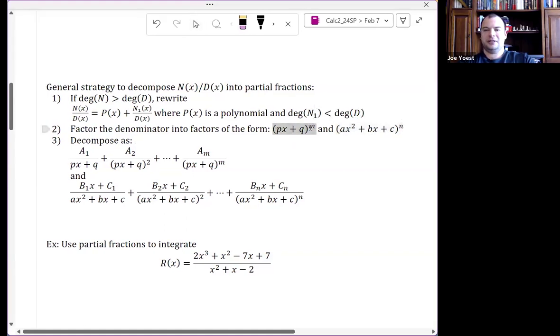It'll factor into linears for any roots of that polynomial that are real roots, and into quadratics for any roots that are complex roots.